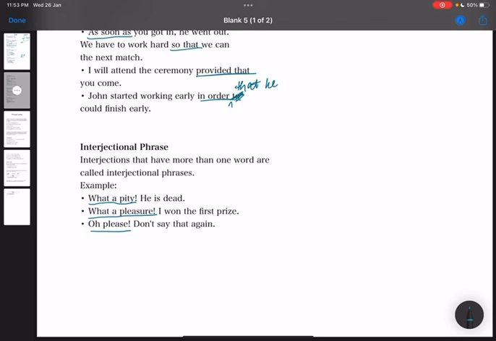So it's very easy to recognize that whenever there's an interjection, most of the times we see an exclamation mark, and of course before it we can add some words or after it we can add words. So what a pity, what a pleasure, and oh please are some examples of the interjectional phrase.